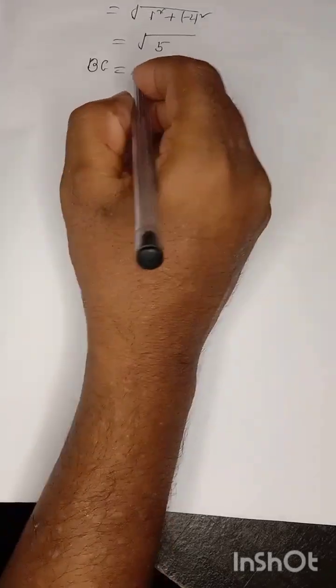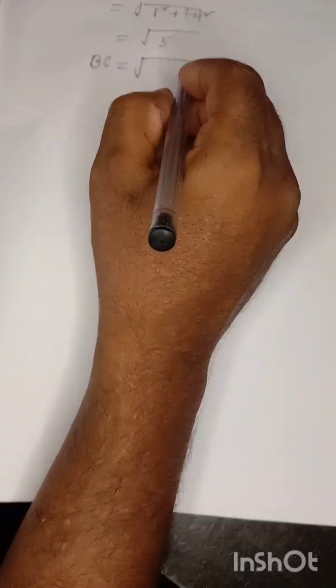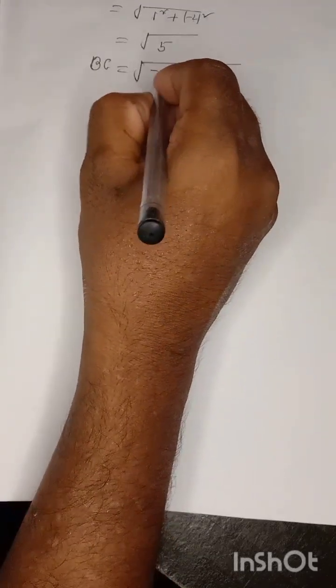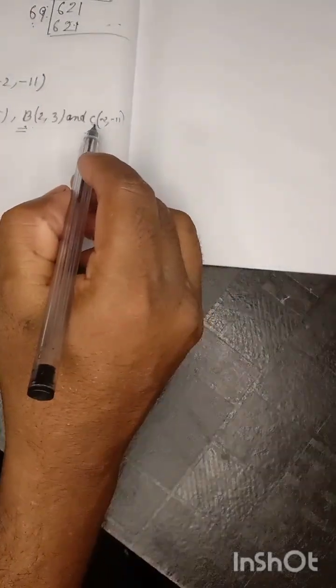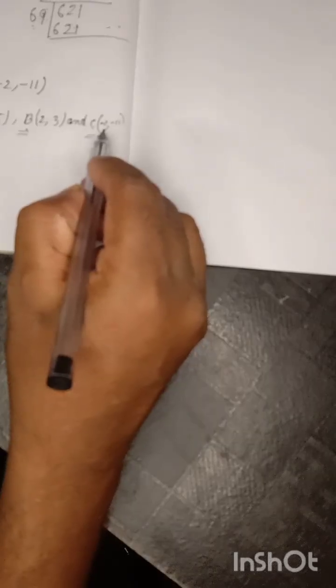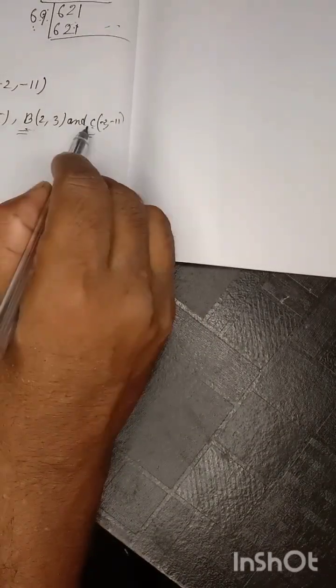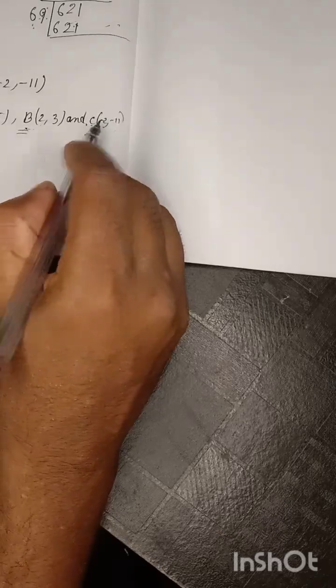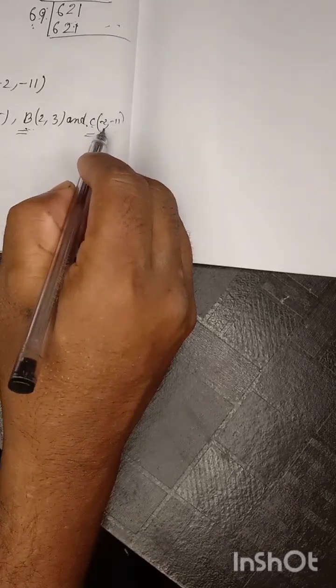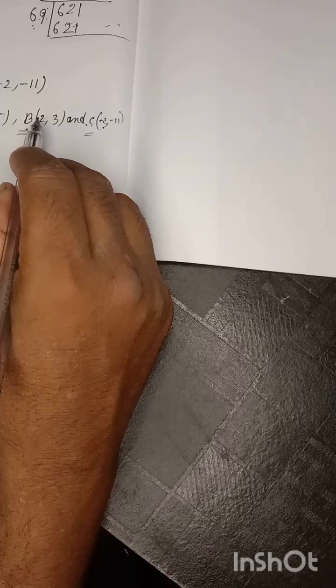BC means again we have to follow the formula. As the points are now B and C, I have written the distance between B and C. Here x2 is minus 2 and x1 is 2.